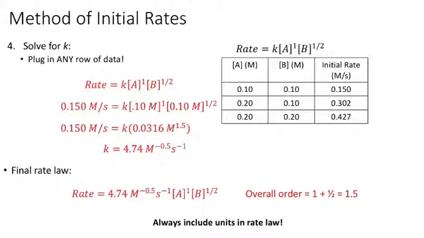That will be the appropriate exponent to put on the molarity or concentration unit from your rate law, concentration portion of the unit. The time portion, in this case seconds, will always be to the minus 1 power. So our completed rate law is rate equals k, which is 4.74, molarity to the minus 0.5, seconds to the minus 1, times A to the first power, times B to the 1/2.